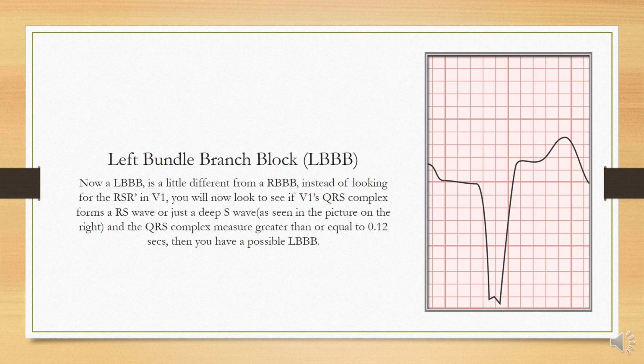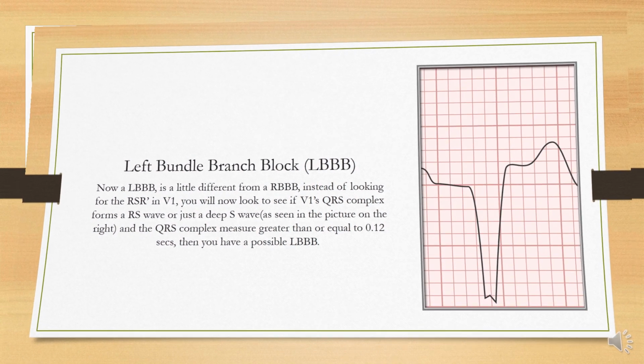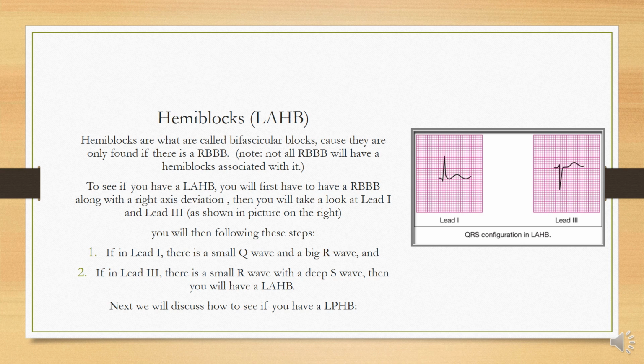Now in some cases, whenever we have a right bundle branch block, sometimes we will also have a hemiblock. And what are hemiblocks? Well, hemiblocks are what we call bifascicular blocks, because not only do you have a right bundle branch block, but one of the fascicles is also blocked as well.